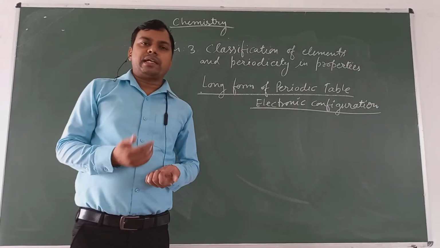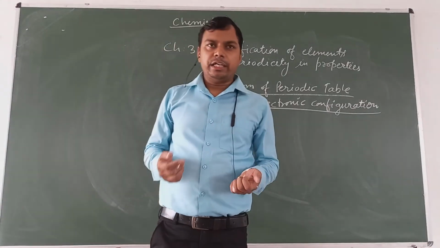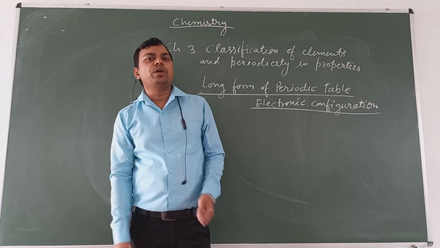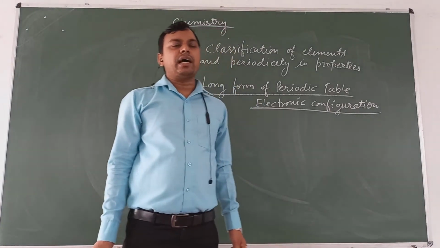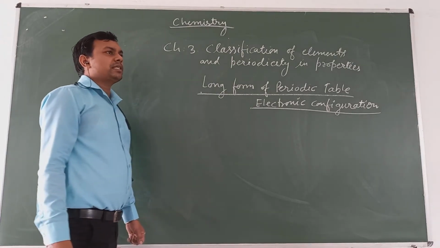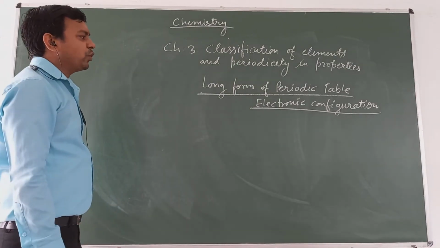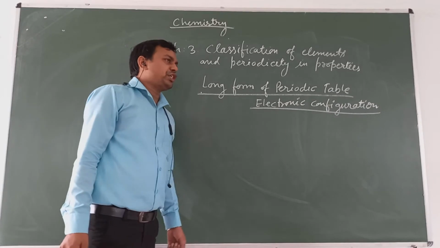Distribution of electrons in their definite cells or orbitals is known as electronic configuration.